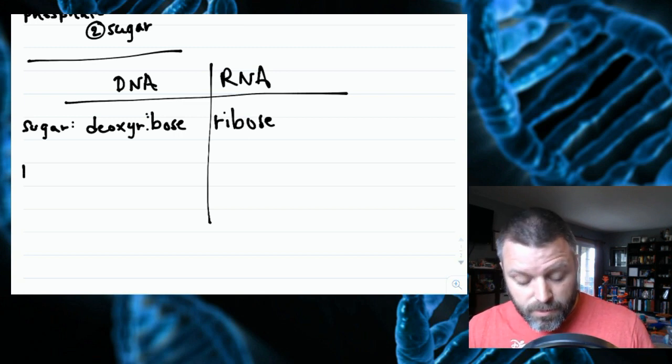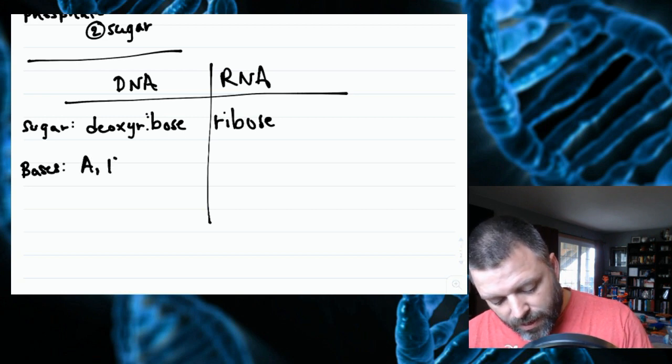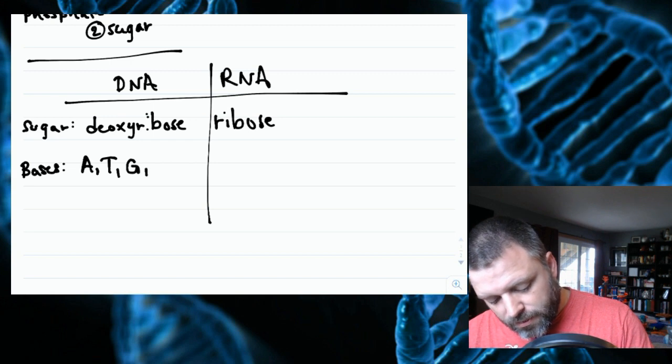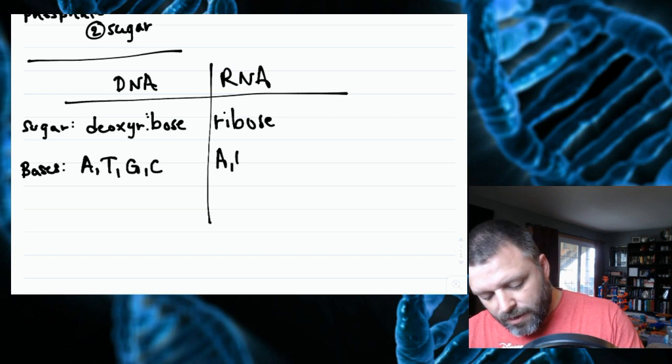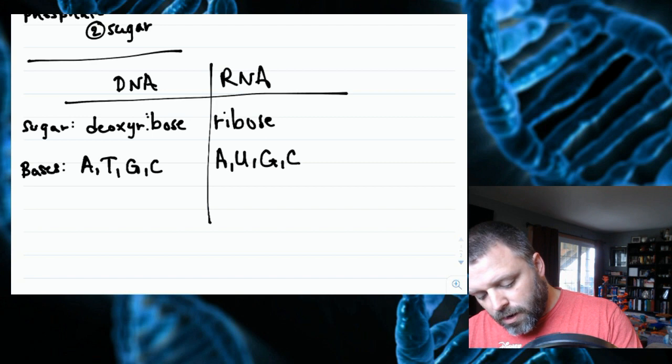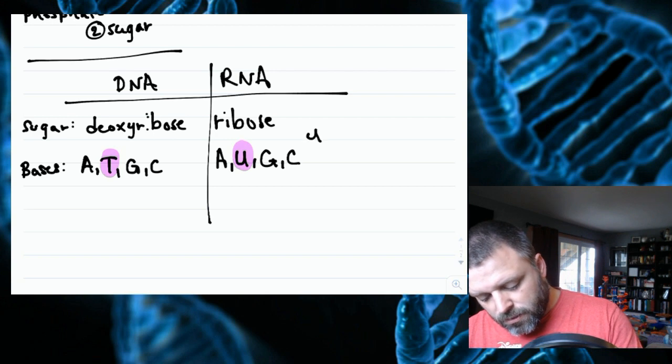The phosphates are the same. The bases are mostly the same as well. In DNA, you have adenine, thymine, guanine, and cytosine. In RNA, however, you have adenine, uracil, guanine, and cytosine. If you notice right here, there's a difference.